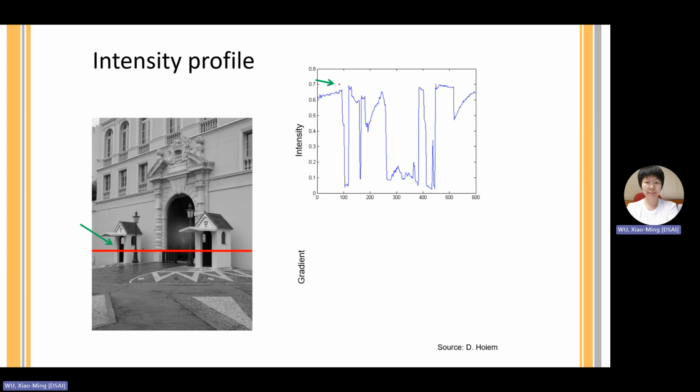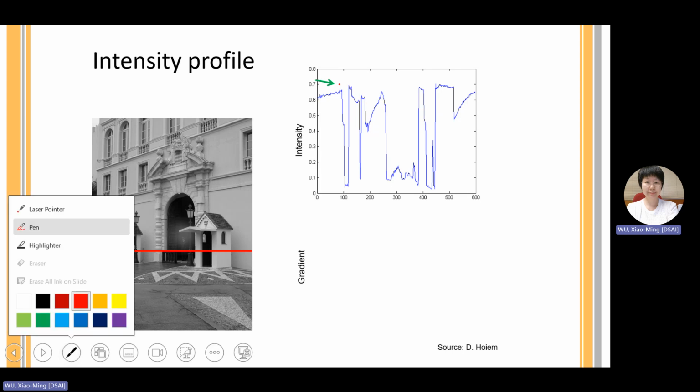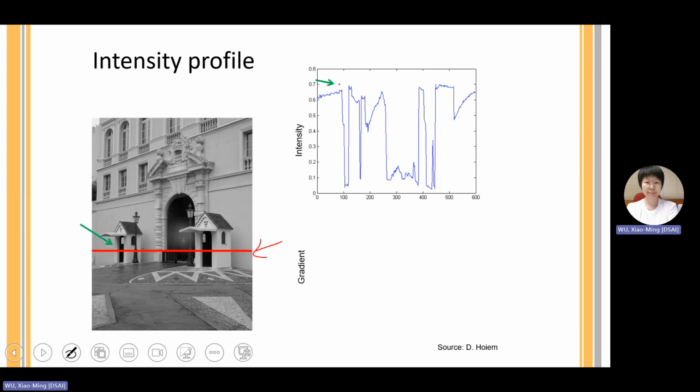Okay, now let's summarize how to do edge detection. Let's take a look at the function intensity with respect to this red line. This graph is the plot of function intensity along the red line.